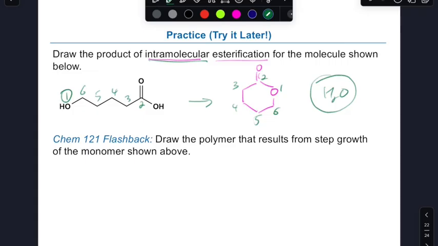Now for the second one, this is a callback to our first year, 121. If you remember, you're going to do, let's say, a polymerization reaction.